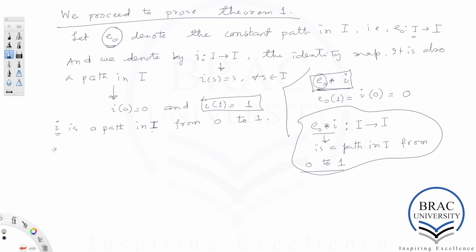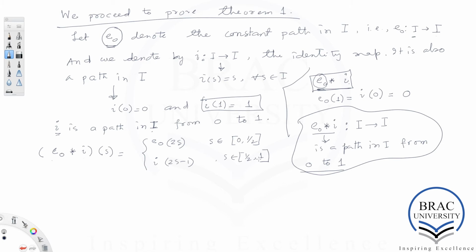And from our definition, the product between two such paths in I is given by E0 evaluated at 2s when s is in this interval, and I of 2s minus 1 when s is in this interval.